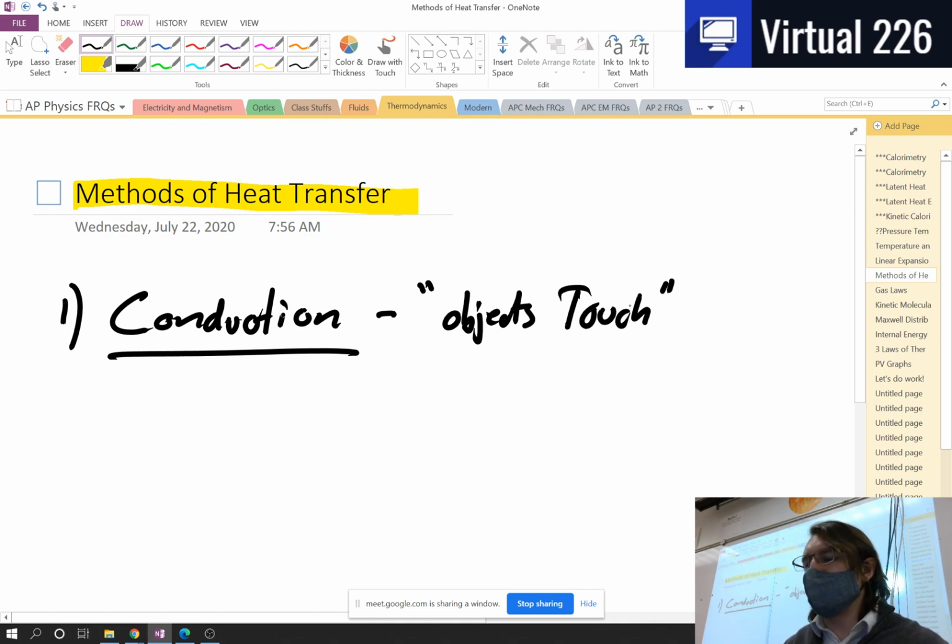And I like to put "objects touch" in parentheses, because if you've seen some of my prior videos regarding electromagnetism and the fundamental forces, we know that objects don't actually touch, so to speak. There's an electromagnetic repulsion between electrons that prevents this. But when objects touch, they can transmit energy from one to another.